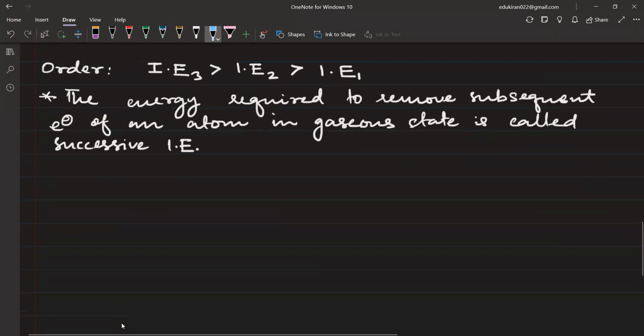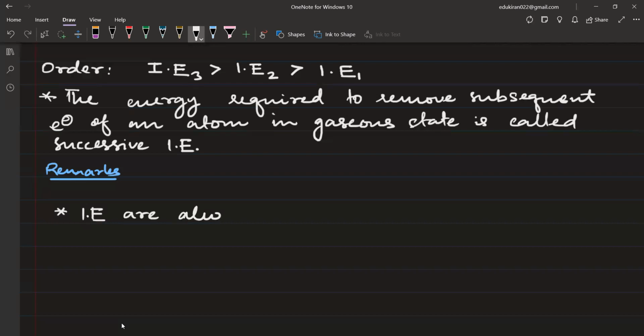Right, remarks. Ionization enthalpies are always positive.